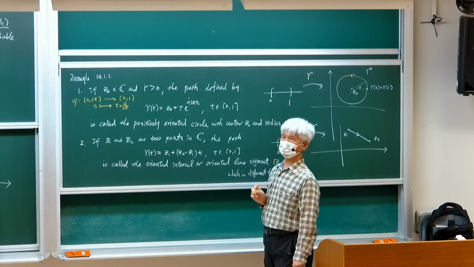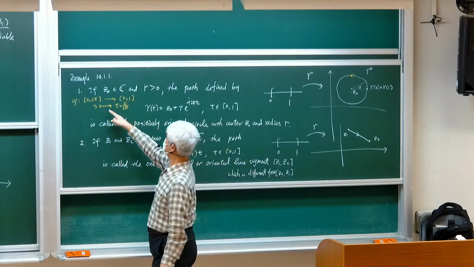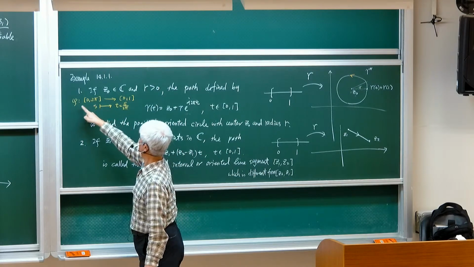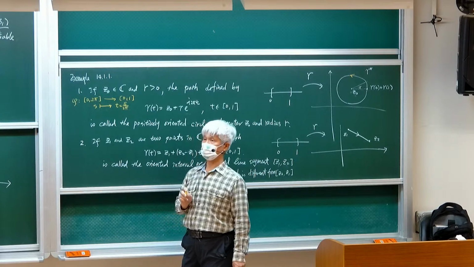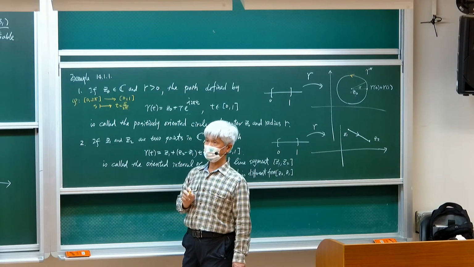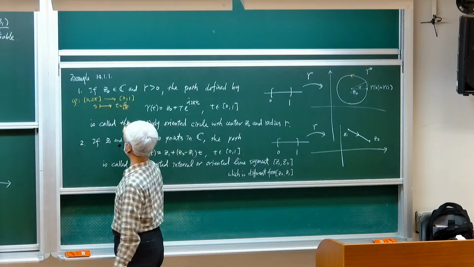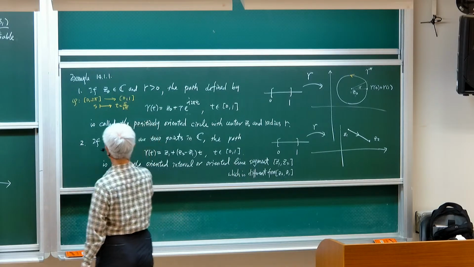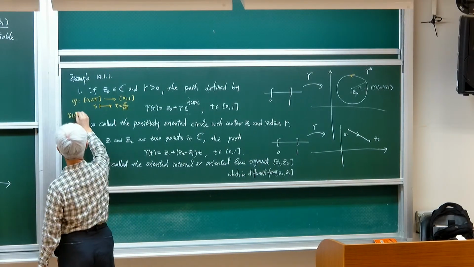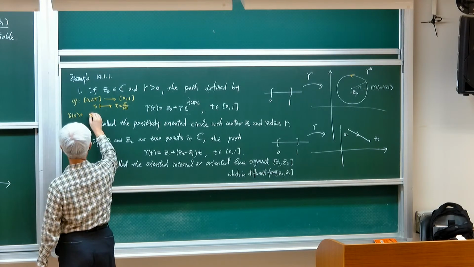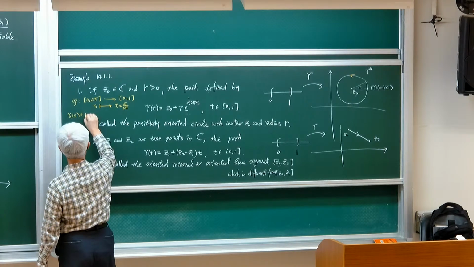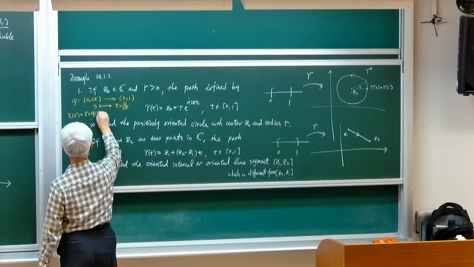You can see that phi is continuously differentiable and one-to-one and onto. And so gamma 1 is defined to be gamma composed with phi.